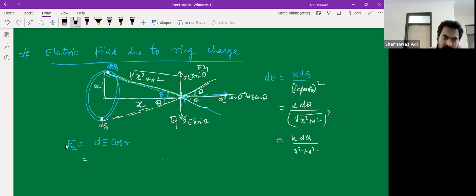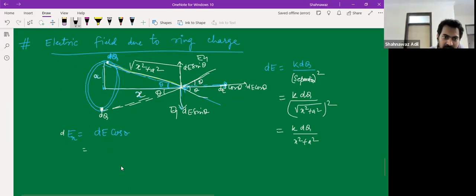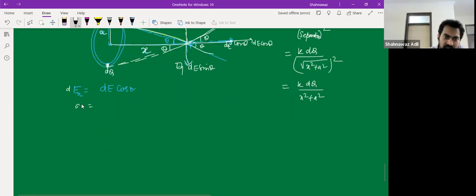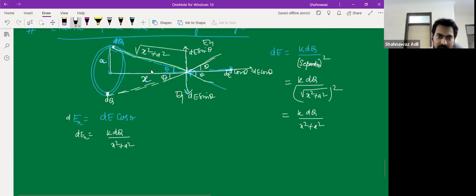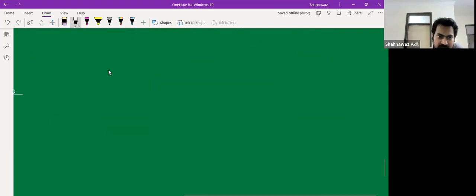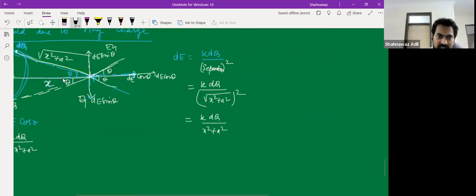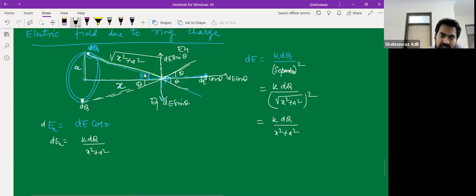Let's say this is some small element dEx. So dEx is k dq by x squared plus a squared. And what is cos theta here? Let us draw this triangle.